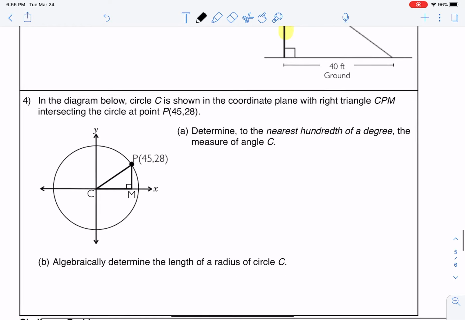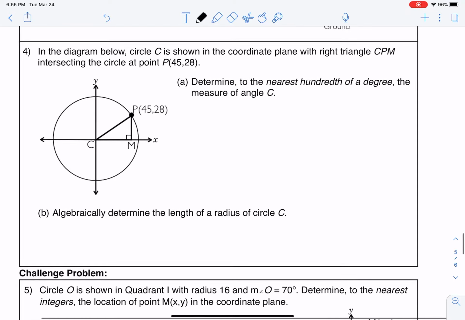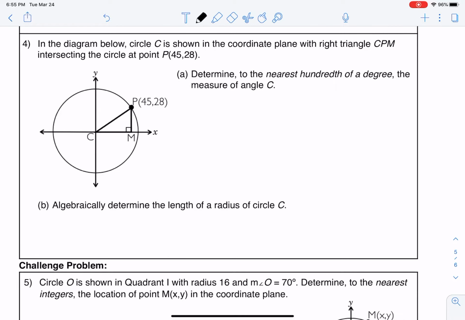All right, question 4, which you're also going to be asked to do. Remember, you have to think back to question 4 on the previous problem set. We're not told any side lengths here, but we're given a specified angle, angle C, and we're given an x value and a y value.